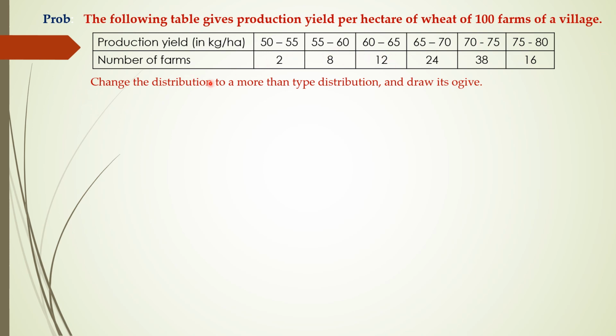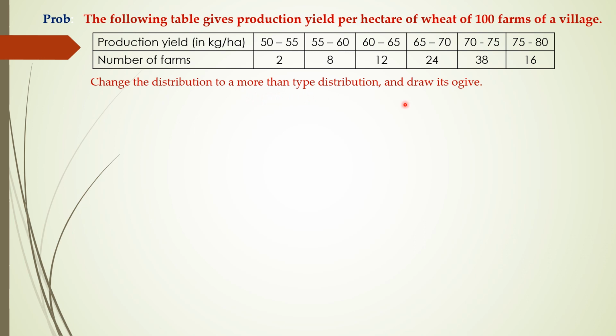Change the distribution to a more than type distribution and draw its OGIVE. Here we have to draw the OGIVE of the more than type distribution. That means the frequency distribution is given to us. For this distribution, we have to construct the more than type distribution. Then you have to draw the graph, which is our required OGIVE.